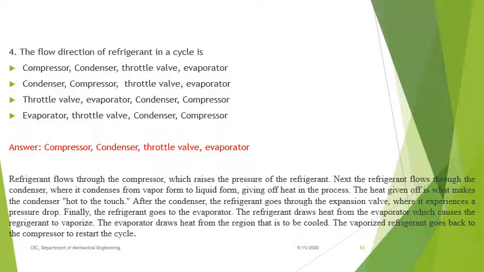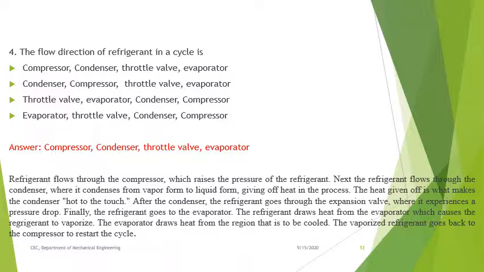Because refrigerant flows through the compressor, which raises the pressure of the refrigerant. Next, refrigerant flows to the condenser where it condenses from vapor form to liquid form, giving off heat in the process. The heat given off is what makes the condenser hot to the touch. After the condenser, the refrigerant goes through the expansion valve where it experiences a pressure drop.